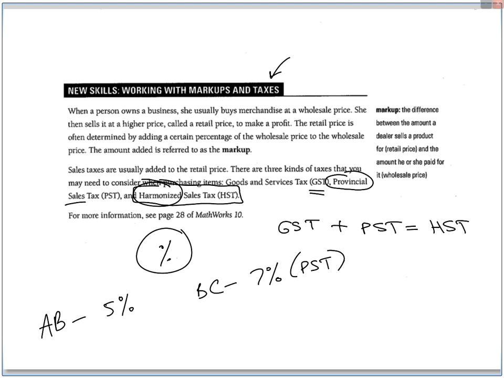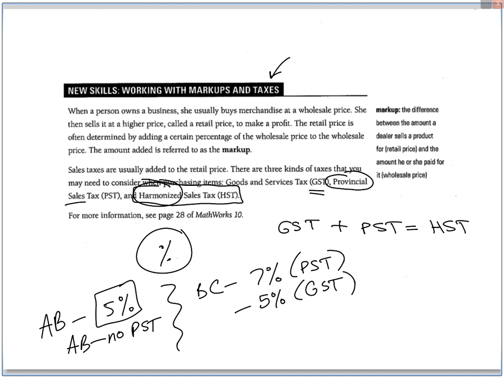In Alberta we have no PST. So whatever thing you buy, you just have to add on 5%. In BC they have a PST of 7%. They also have the GST like everybody else in Canada of 5%. So if you put those two things together, you get this thing called HST, which would be 12%. You have to add the 7 and the 5 to get your HST, 12%.